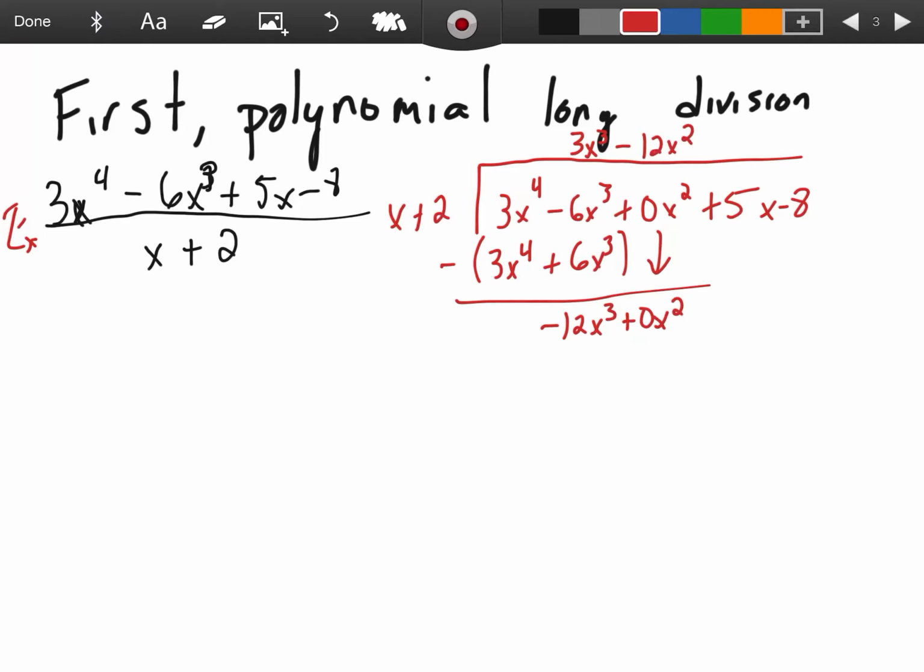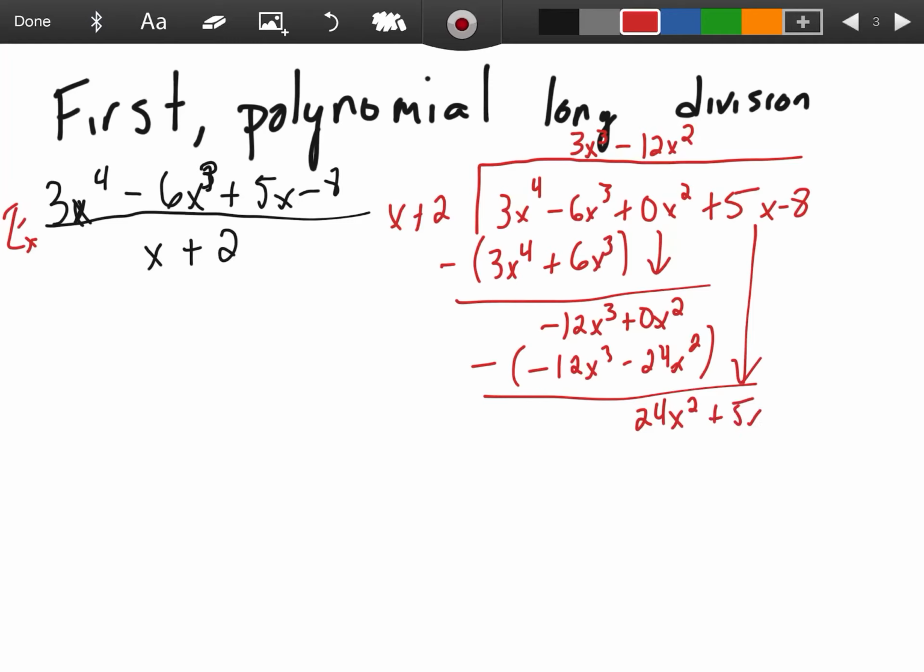Multiply: negative 12x squared times x is negative 12x cubed, and minus 24x squared. And of course, we're subtracting, so 0 minus a negative 24 is a positive 24x squared. Bring down plus 5x. 24x squared divided by x is just plus 24x. All right, multiply: 24x squared plus 48x.